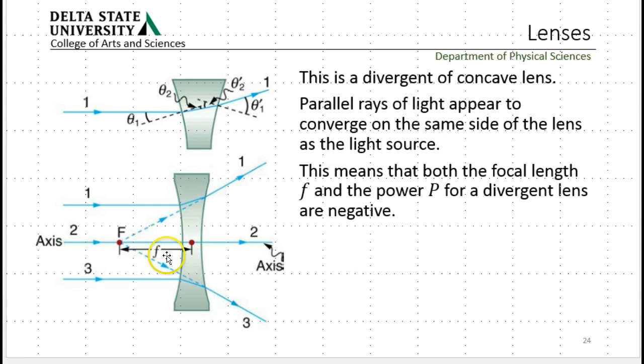The other thing about this is that the focal point is at a virtual location. So for a concave or divergent lens, the focal length is less than 0. So this distance would be negative for this lens.